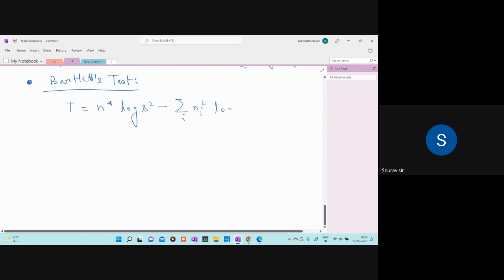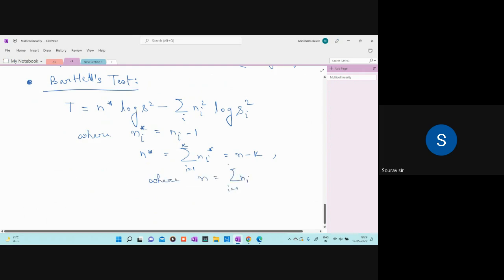Where ni star is ni minus 1, and n star is the summation of ni star, i running from 1 to k, that is n minus k, where again n is the summation of ni.